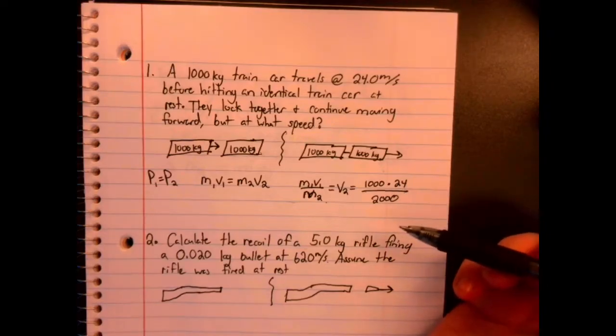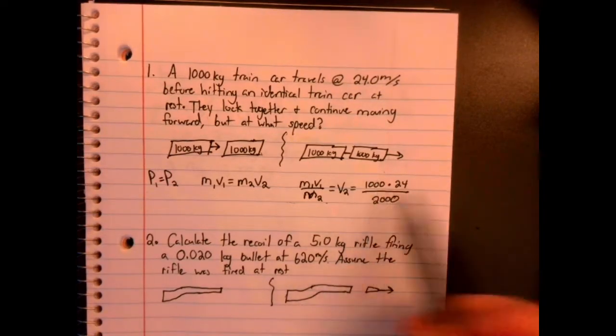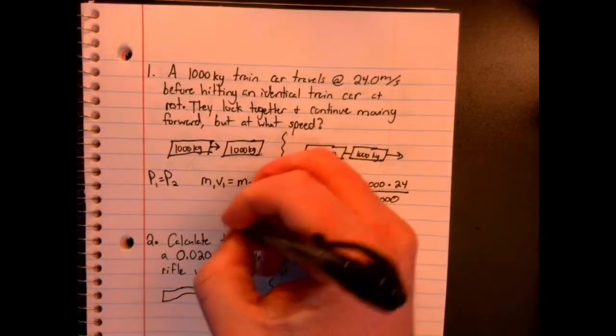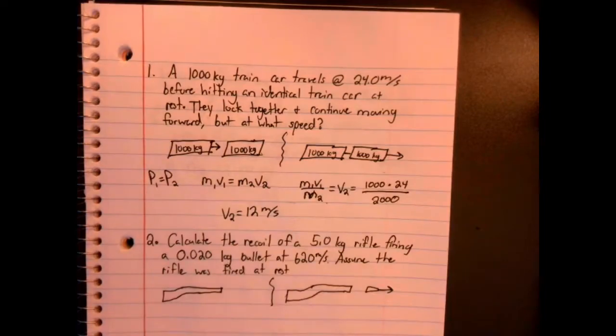It should be cut in half because the mass was doubled. And if we look, 1,000 divided by 2,000 is just 1/2 of 24, which means our V2 is 12 meters a second. So you actually could have solved this thinking about the conceptual side of it as opposed to just the mathematical side.